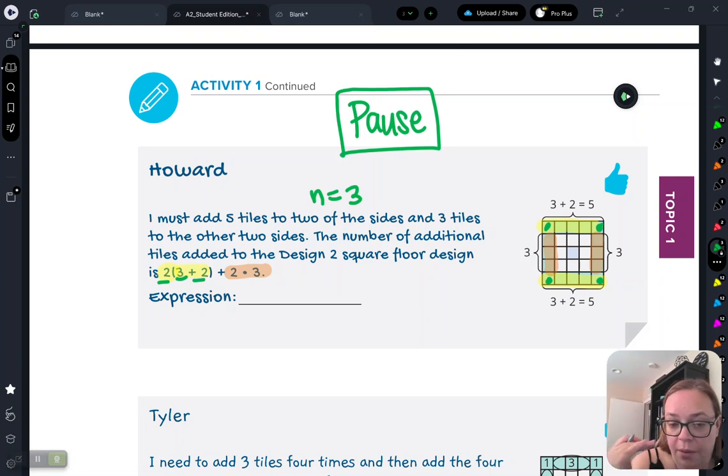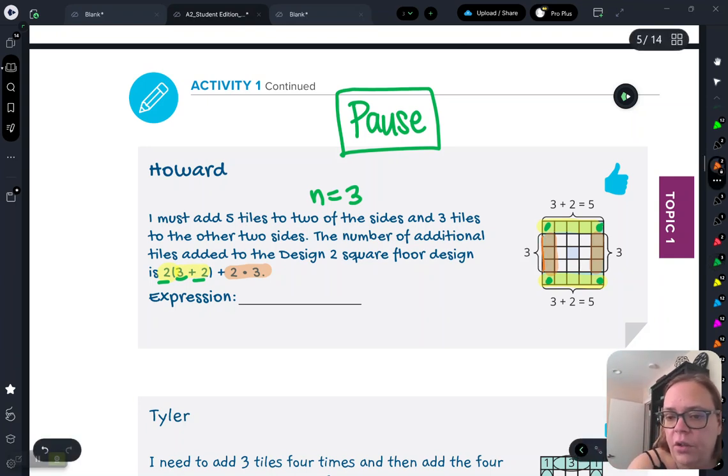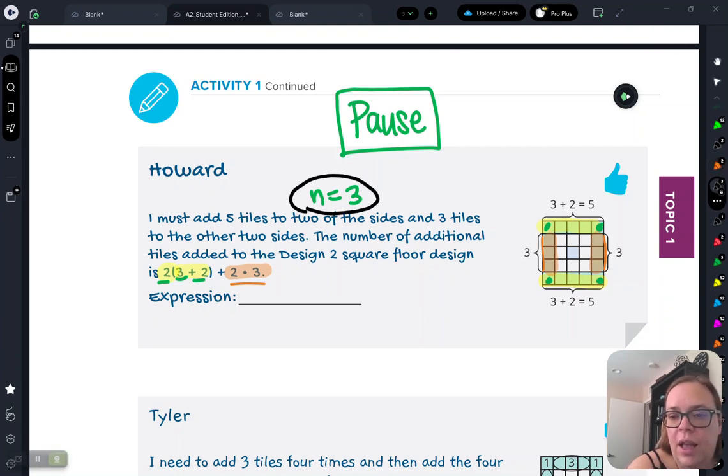There's a top and a bottom. And then on the sides, it's just the edge. The edge number was 3. So it's just 3 on each side, but there's 2 of them, which is why there's a 2 here. So in general, if the n is 3, that was the number on the edge. So I'm going to replace the 3's with n, and we get 2 times n plus 2, plus 2n.